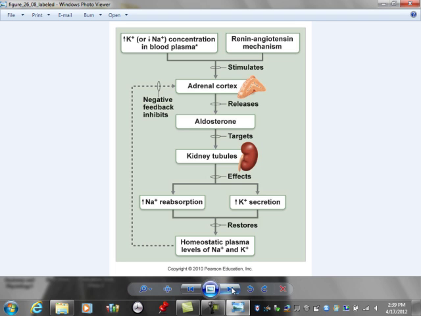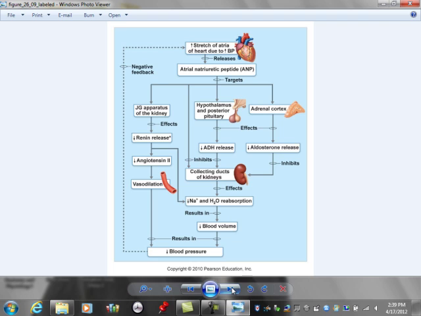So ANP is another one, and of course we know renal cortex, aldosterone, it's going to have an effect on the kidney tubules. It's going to cause increased sodium what? Reabsorption, which is what? Going to lead to what? Increased water reabsorption as well. Don't forget our friends renin and angiotensin. And then ANP.